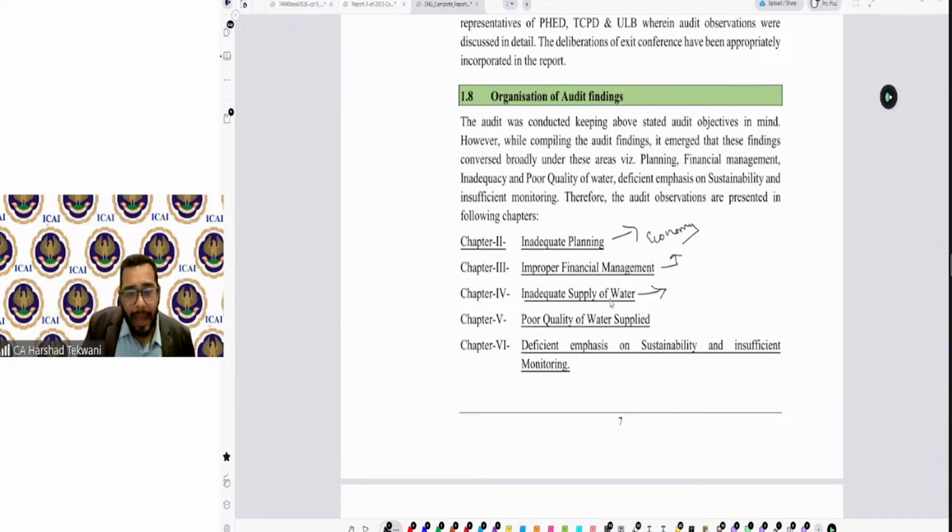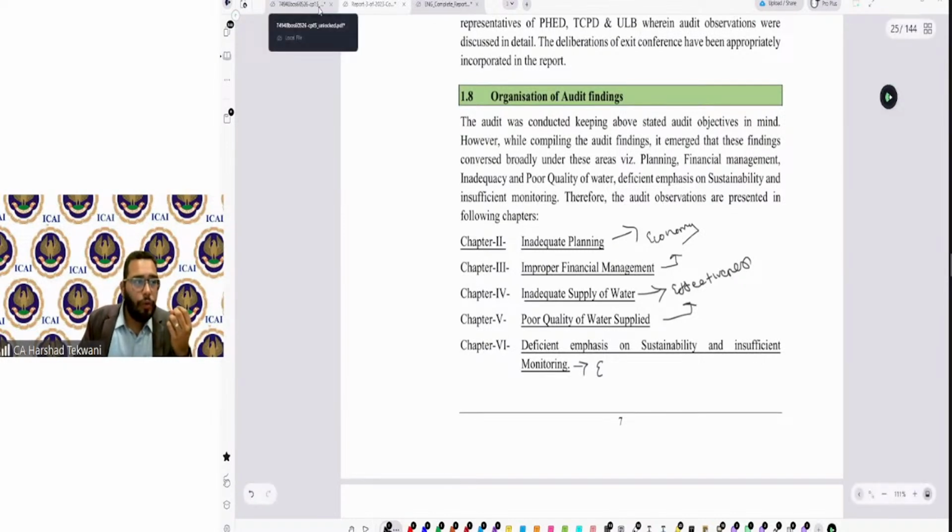Improper financial management means financial management was not appropriate, means the cost was not minimized. Inadequate supply of water, I'm talking about effectiveness over here. Poor quality, again talking about effectiveness. Deficient emphasis on sustainability and insufficient monitoring. If there is improper monitoring, again it is going to my input-output ratio. That is the second part of the performance audit.